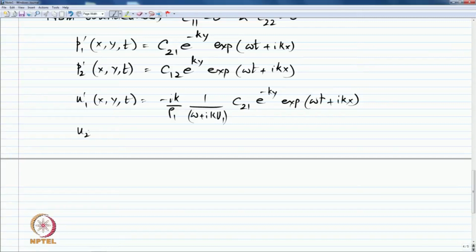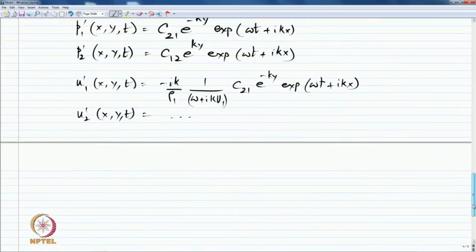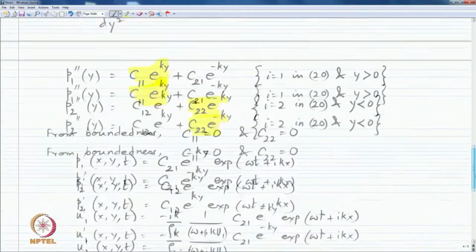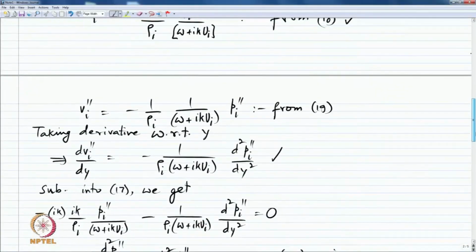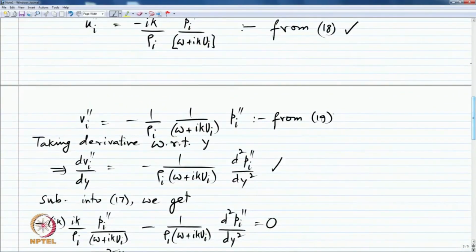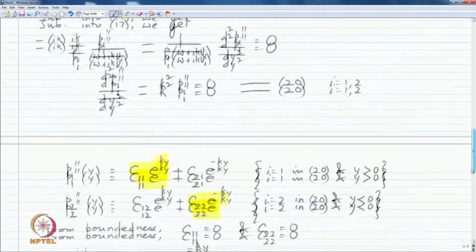And similarly, I can write u2 double prime. I am not going to write it down, but you can see that once I know u1 and u2, I can also use the other equation to get to what vi prime would have to be.